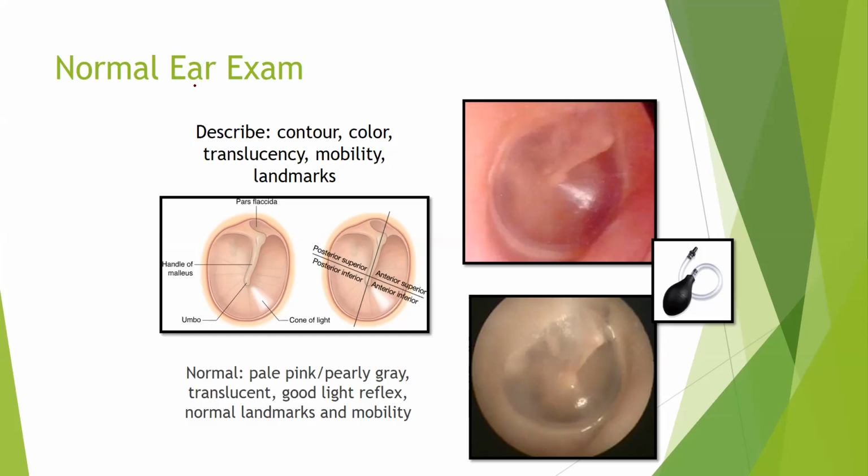When we talk about our ear exam, we want to describe the contour, the color, the translucency, the mobility, and the landmarks. So a normal exam looks like this: normal, pink, pale, pearly gray, translucent tympanic membrane with a good light reflex, normal bony landmarks, and normal mobility. So that's a normal.